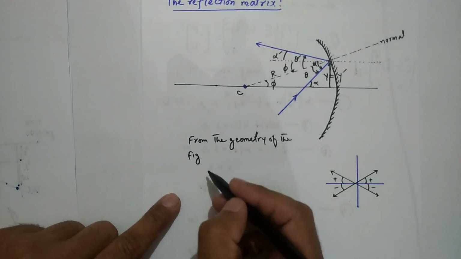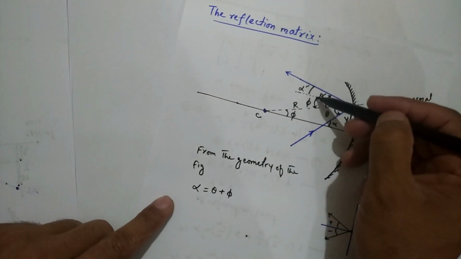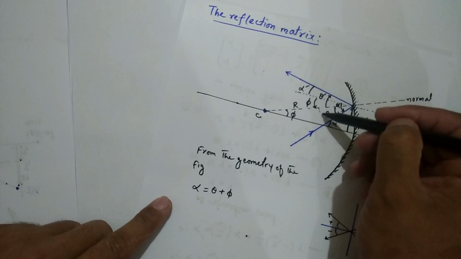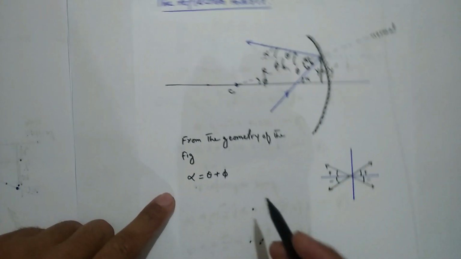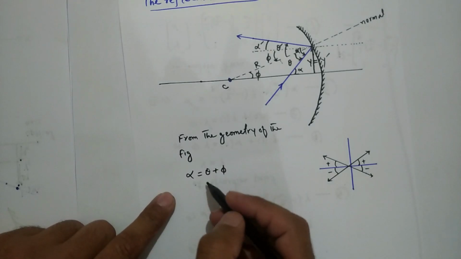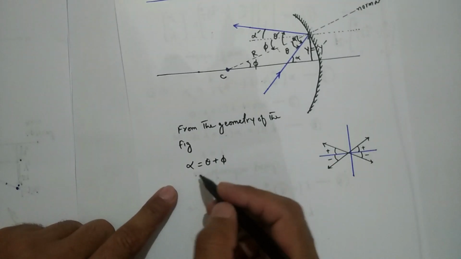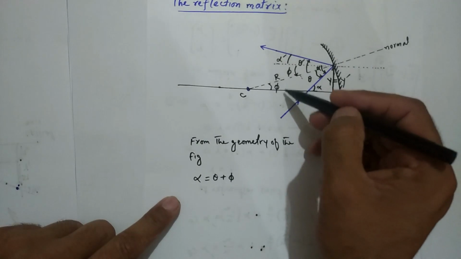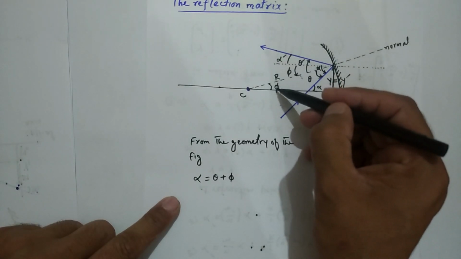From the figure, alpha is equal to theta plus phi, where the angle from here to here is phi, and then it is theta, and this whole angle from the optical axis to the incident ray is alpha. And for paraxial approximation, if this one is phi, this should also be phi.